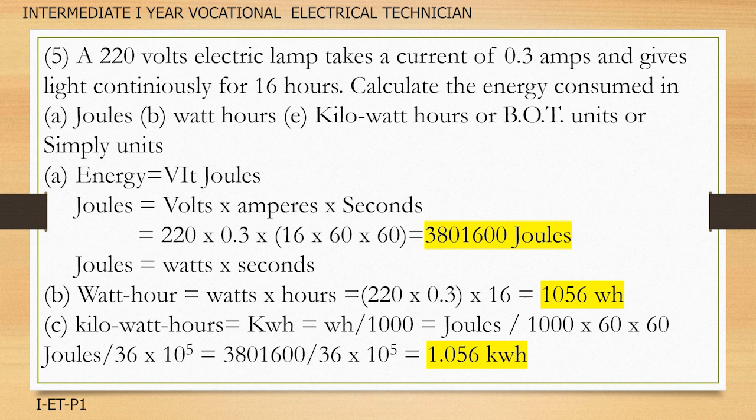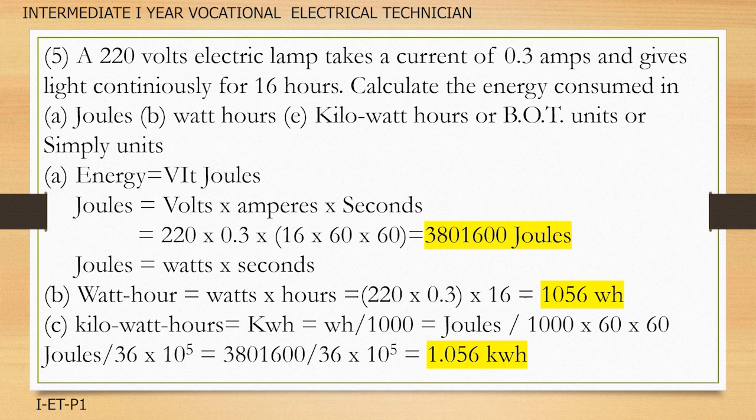First, energy equals V into I into T joules. Joules equals volts into amperes into seconds. In this problem, voltage is 220 volts, current is 0.3 amperes, and time is 16 hours.